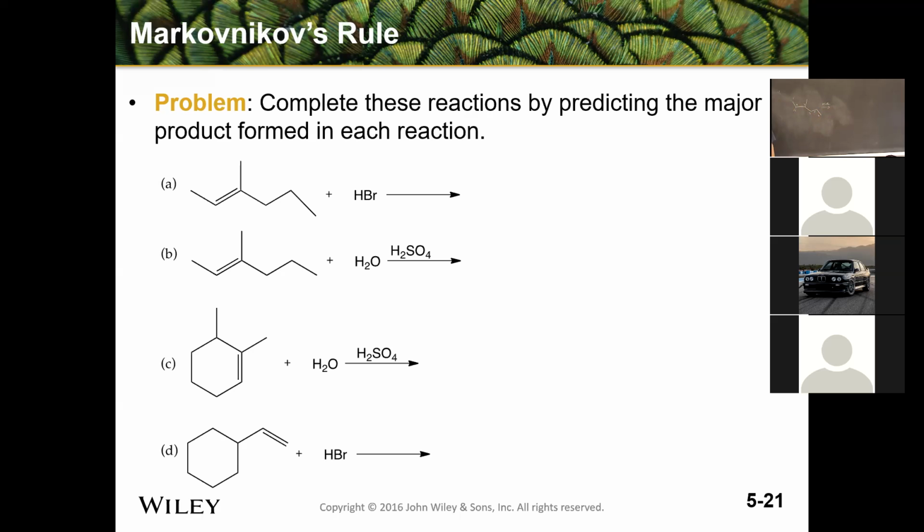Which carbon does the H go to? Rich get richer. 2, yeah, 2 is right. And then Br goes to the other side. So H goes here, and Br goes here.